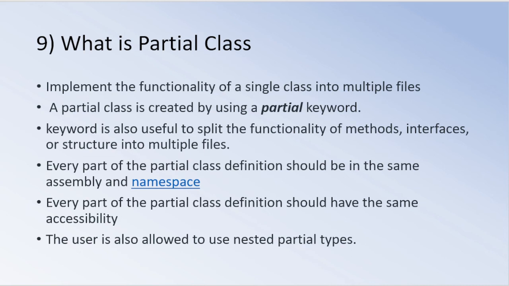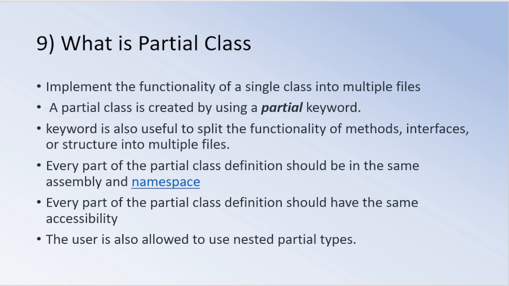Every part of the partial class definition should have the same accessibility, such as private or protected, etc. If any part of the partial class is declared as abstract, sealed, or base, then the whole class should be declared with the same type. The user is also allowed to use nested partial types.